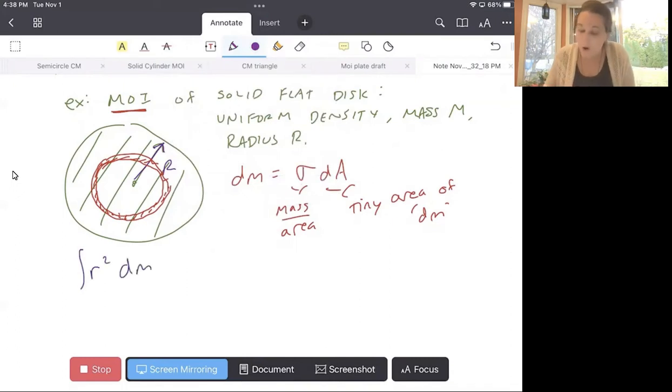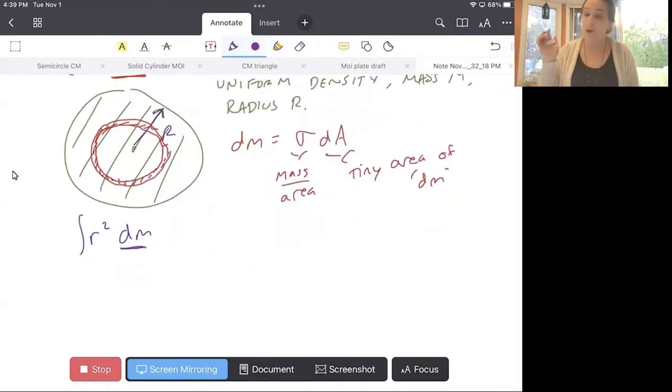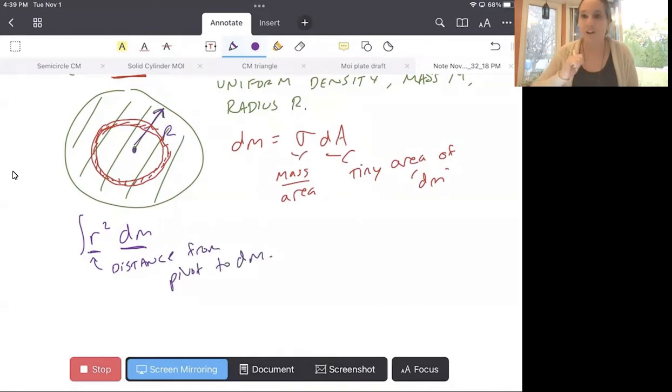The main requirement is that all parts of my dm have the same r squared, because I'm going to be adding up all the little r squared dm's. So for this particular thing, remember r is going to be the distance from my pivot to my dm. And I hadn't specified earlier, I should have said that this was going to be pivoted at the center. So pivoted through the center.